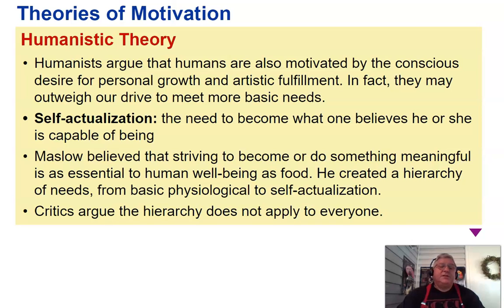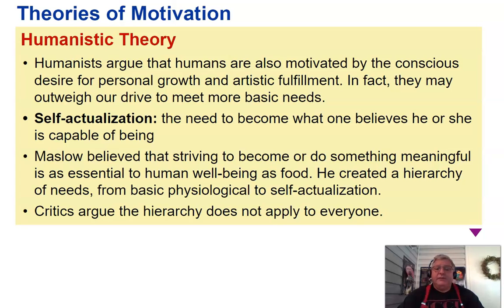Humanistic theory. The humanists argue that humans are motivated by the conscious desire for personal growth and artistic fulfillment. In fact, these may outweigh our drive to meet more basic needs. Self-actualization is the need to become what one believes he or she is capable of being.